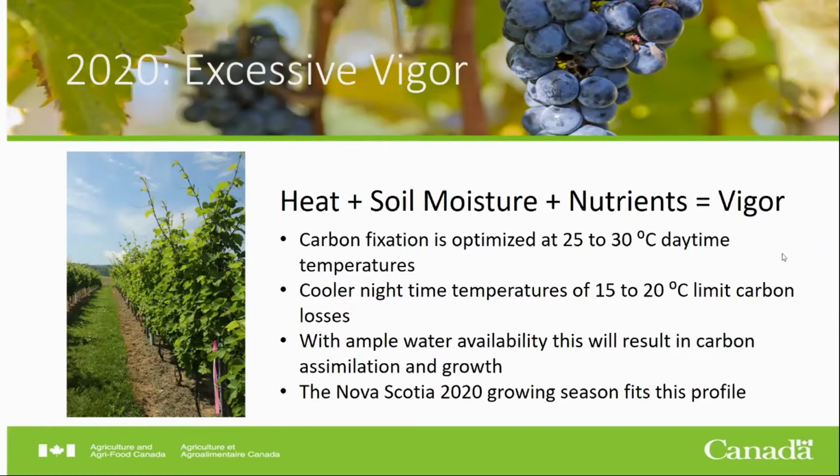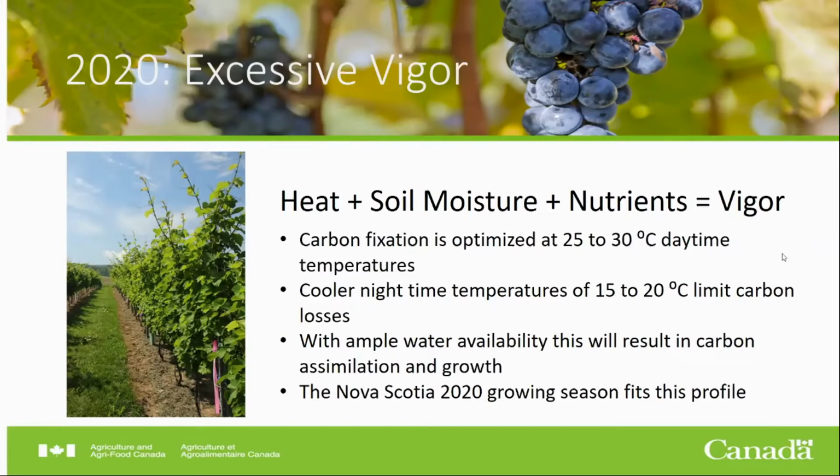So slightly cooler nighttime temperatures, although not desperately cold, limit that amount of loss of sugar or of carbon due to respiration. So that 25 to 30 high in the daytime, 15 to 20 lows at night, that with ample water equals a high amount of carbon assimilation, and the net effect of that is growth.